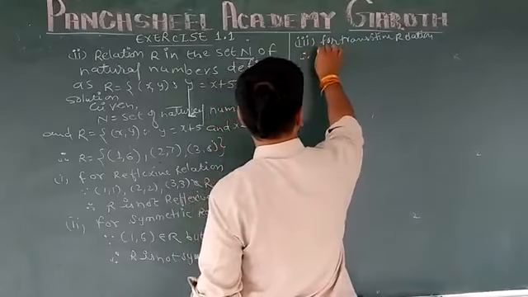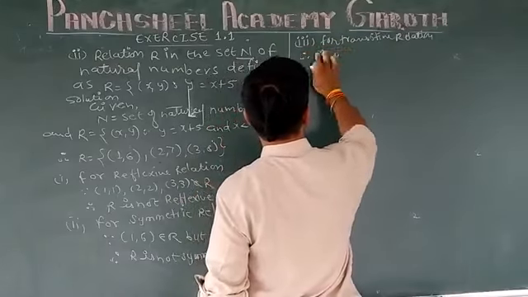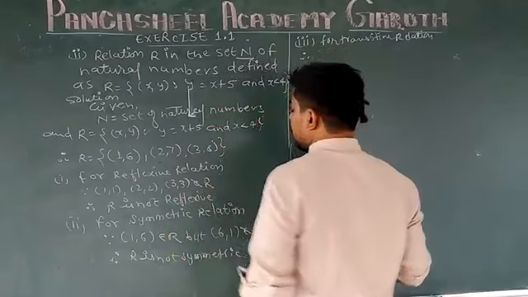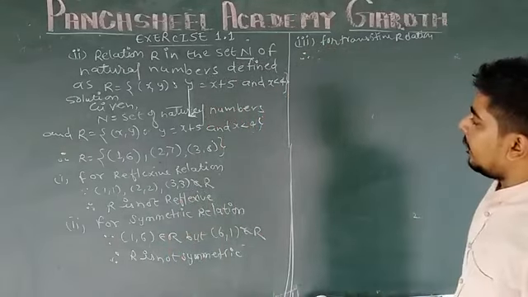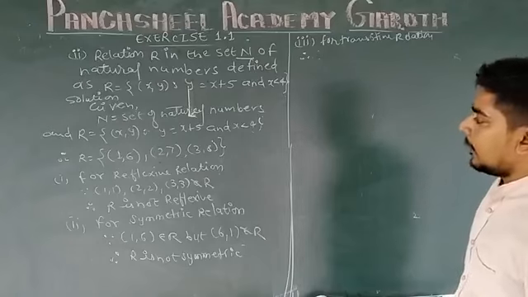Therefore R is not transitive here. We cannot get an ordered pair such that (a,b) and (b,c) exist.